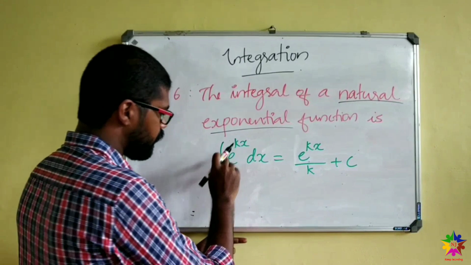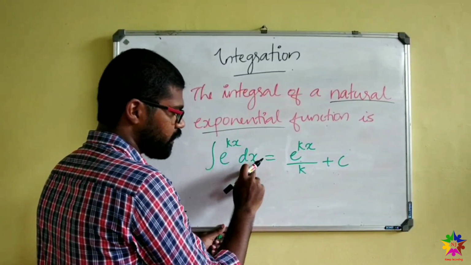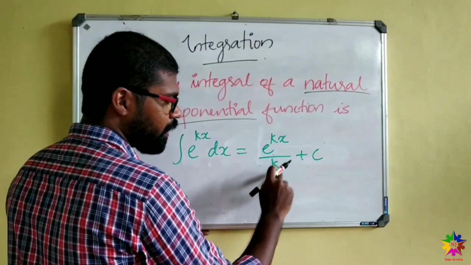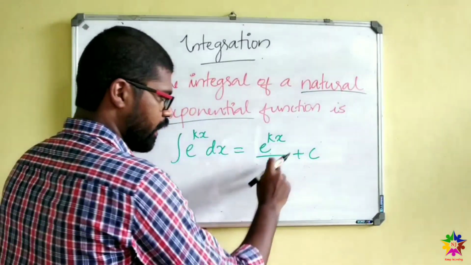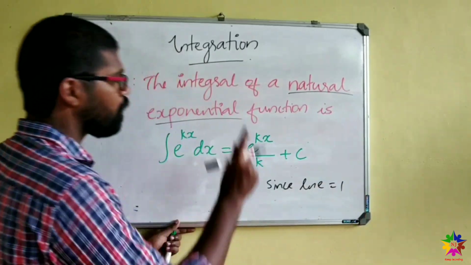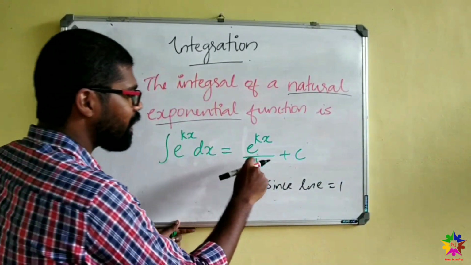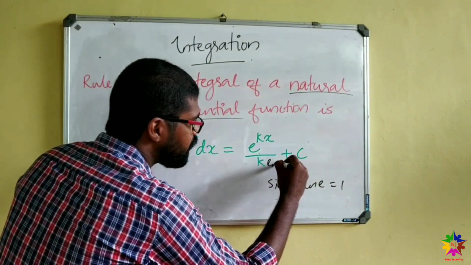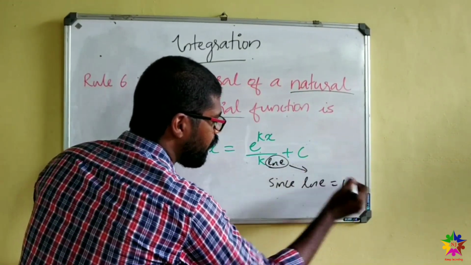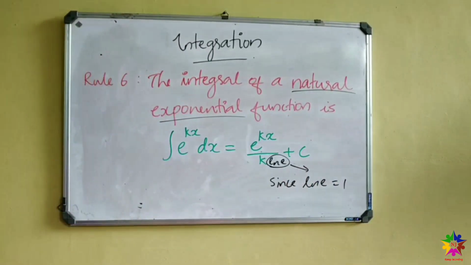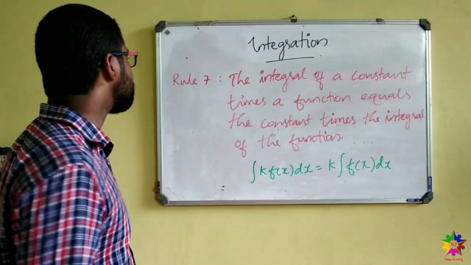Integral e raised to kx dx is equal to e raised to kx by k plus c, since by the fifth rule we would add ln e, but ln e is equal to 1, and so we have only e raised to kx by k plus c.